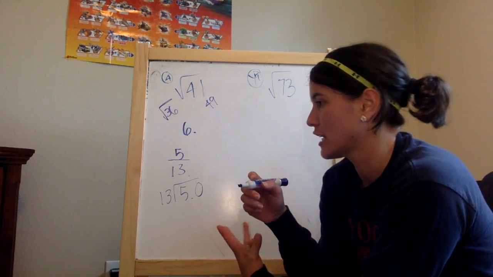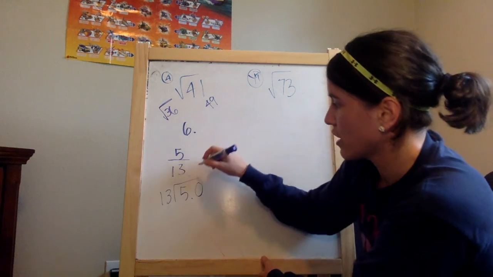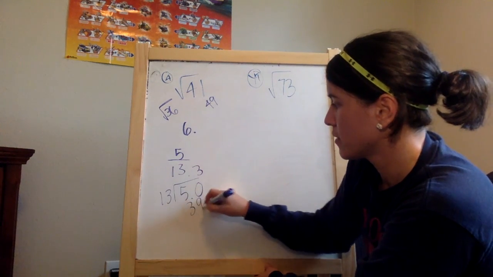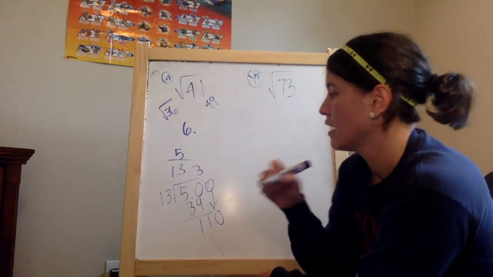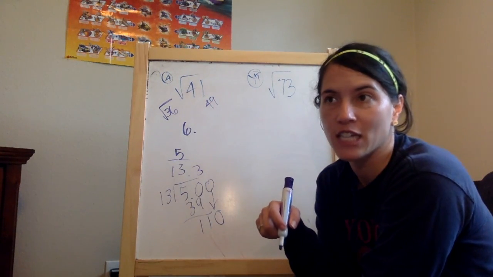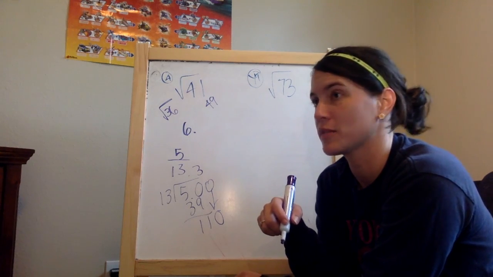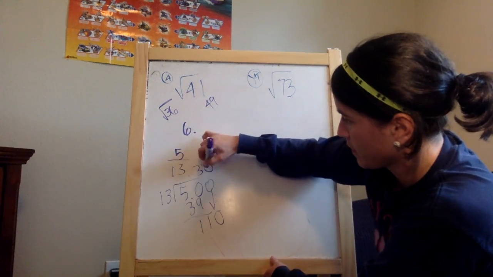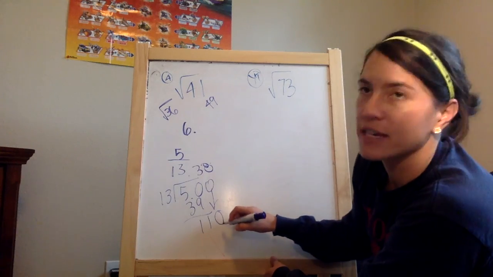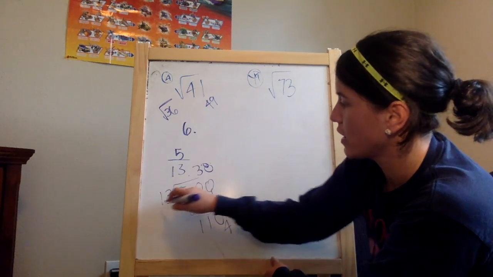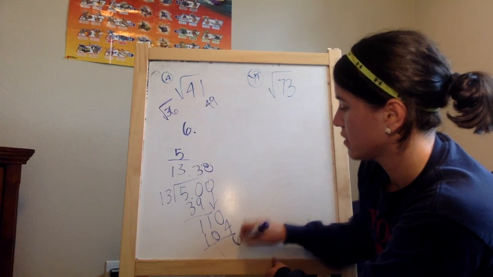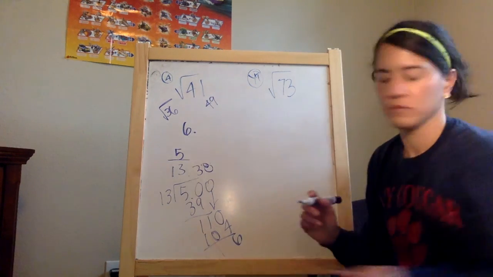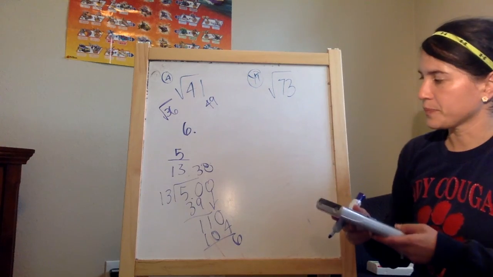13, 26, 39. So it's going to be 3 times. And we're left with 11. And then 13 into 110. It's not going to be 10, I don't think it'll be 9, so maybe 8. 8 times 13, let me make sure.